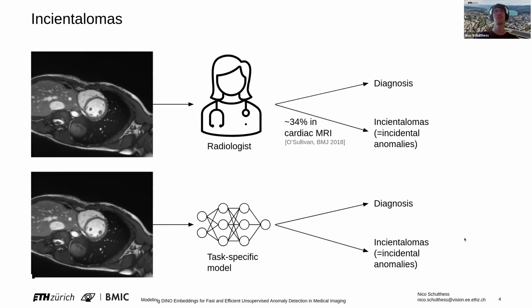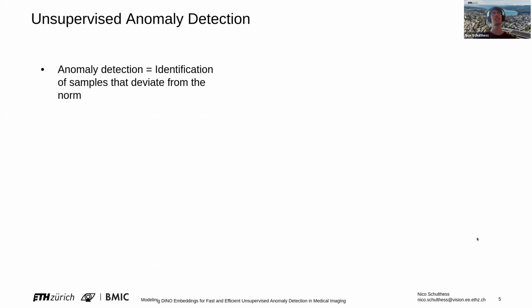However, since models are usually task-specific, the support for incidentalomas is not really provided, or is also not the main interest. And this is exactly where unsupervised anomaly detection comes into play, because unsupervised anomaly detection actually cares about the identification of samples that deviate from the norm.